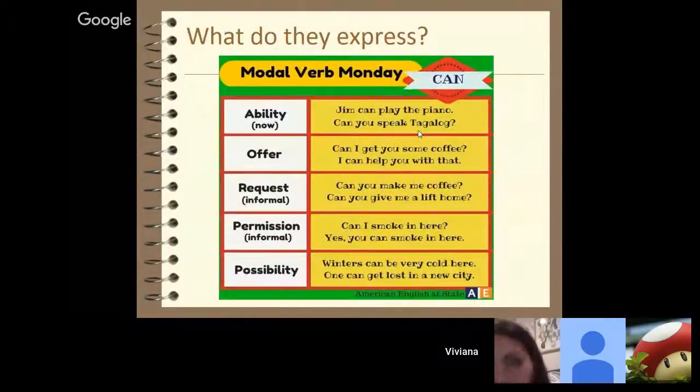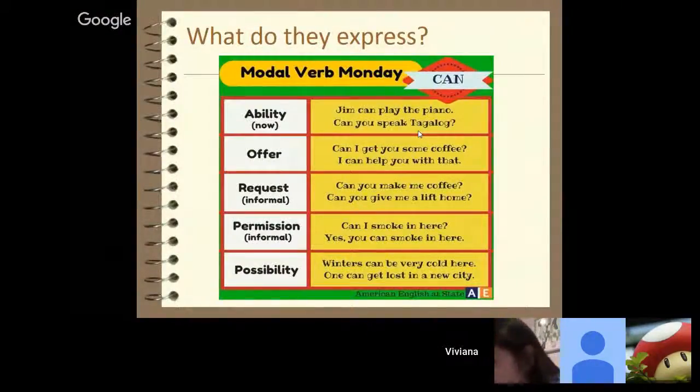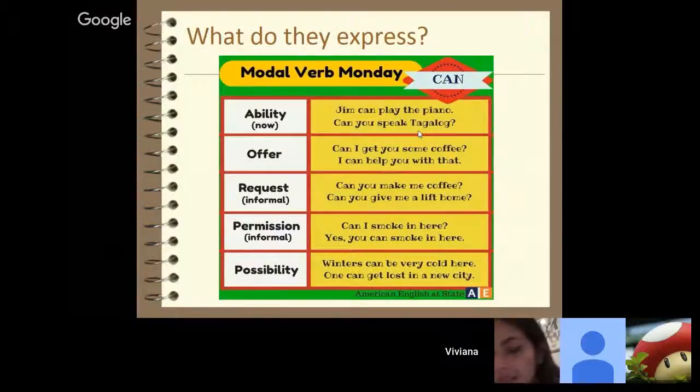With the verb can, do you have any question, Lisette? No. Okay. Yes? I just want to know, did you say can is in the past? Did I say what? Well, the pronunciation of can and cannot. It is difficult for me.